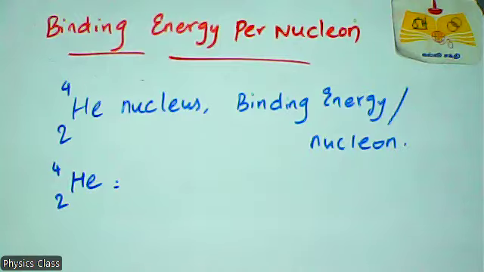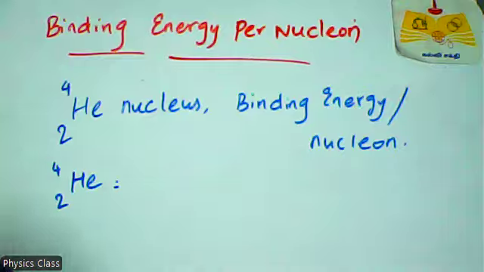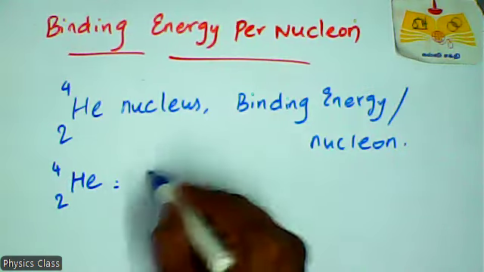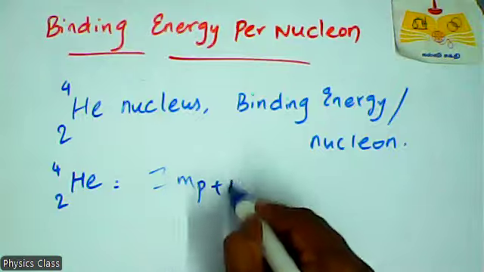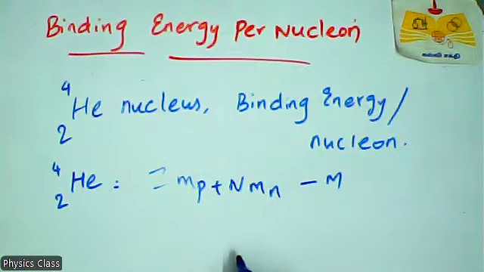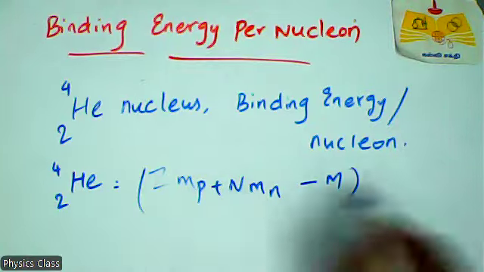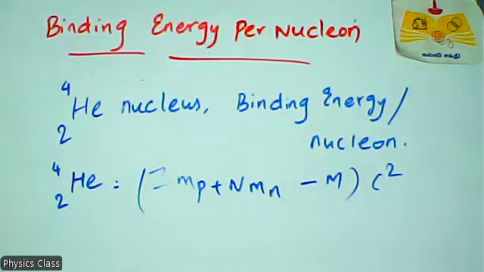In helium there are two neutrons, two protons, and two electrons, with mass number and atomic number. The mass defect is Z mp plus N mn minus M. With c squared, it becomes the binding energy.